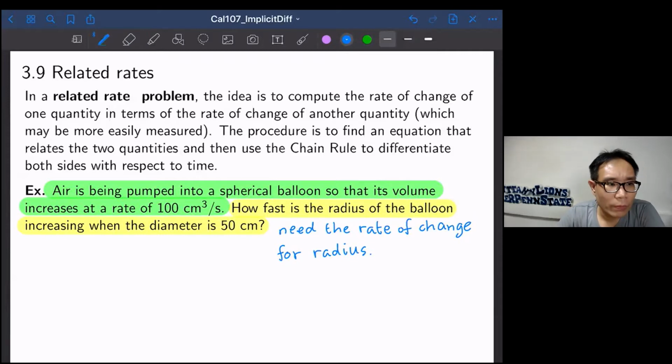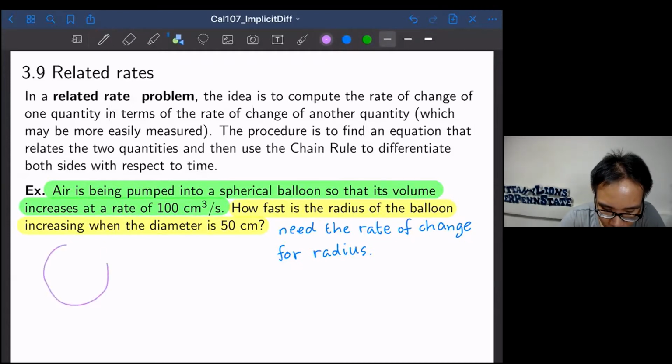For this problem, you have to understand the quantities that you have, volume and radius, and you must know the relationship among them. You know that you have a spherical balloon, so let me draw a spherical balloon for you.